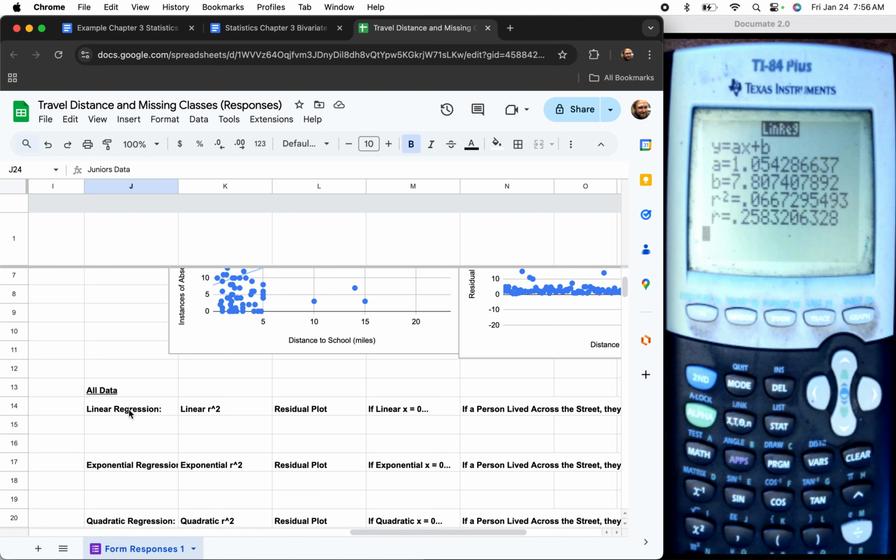So it looks like the linear regression model here is something like y hat equals 1.054x plus 7.807 with an r squared value of 0.067, which is not all that great, but r squared is not the only way that we determine what our best measure of center or what our best regression equation is going to be.